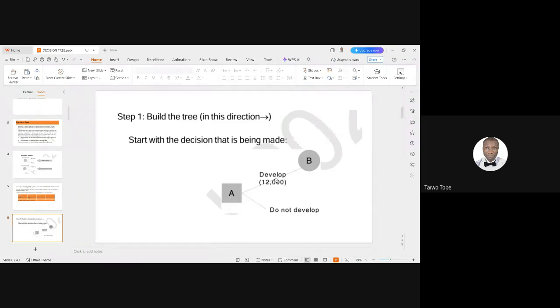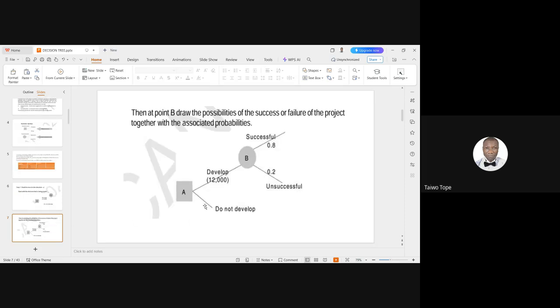But when you develop, you will have to give out 12,000. When you develop, this will lead to a chance node.